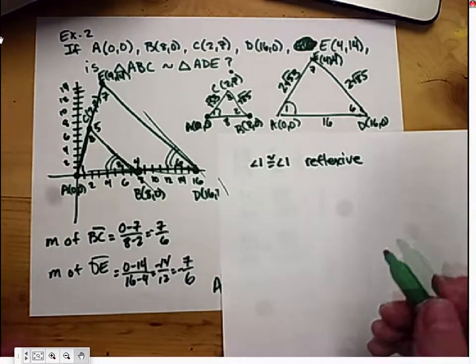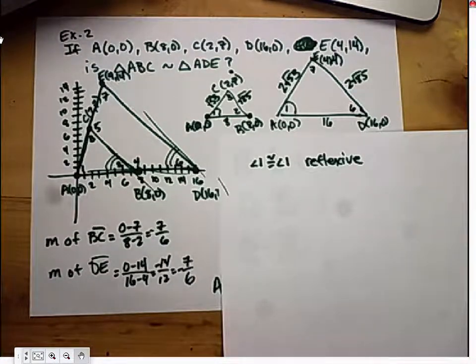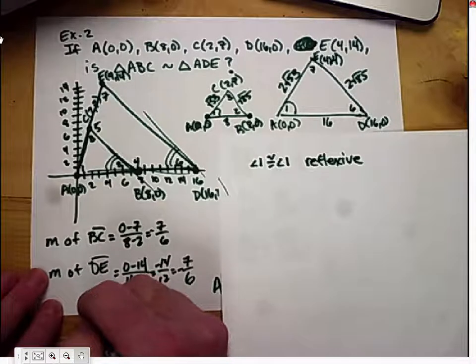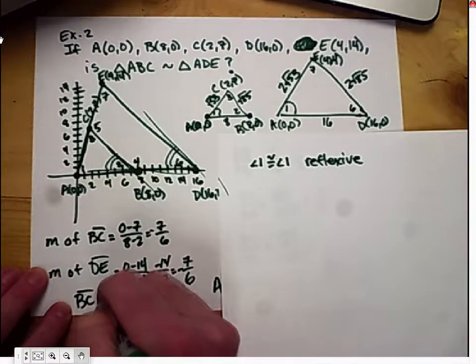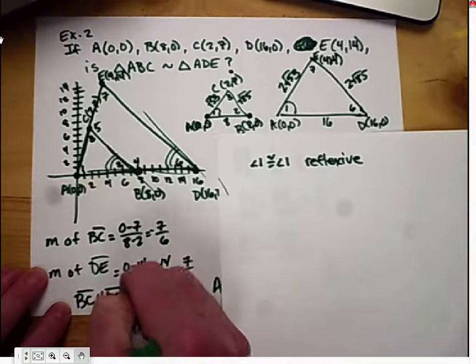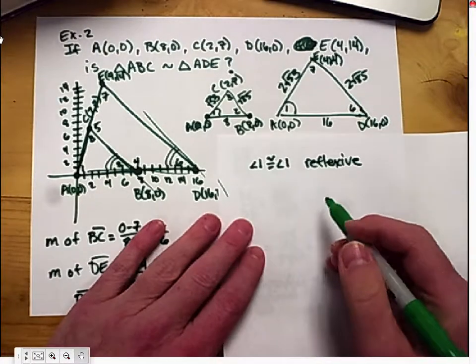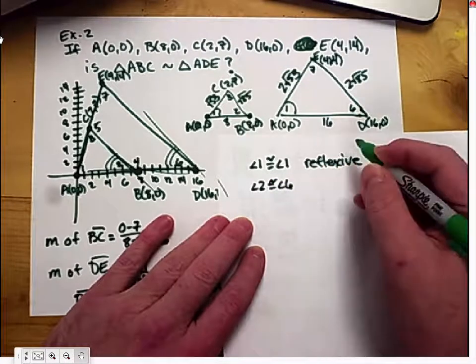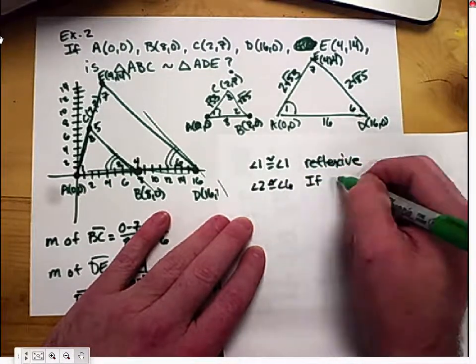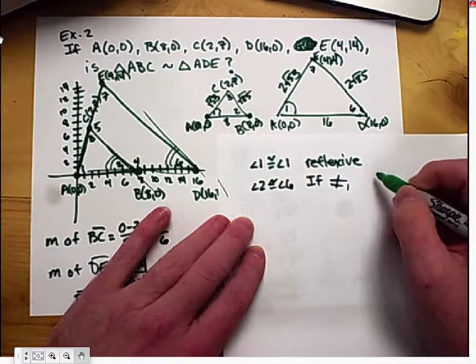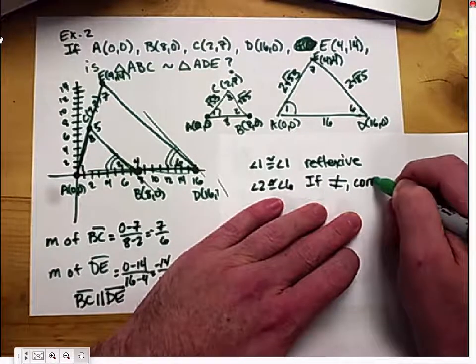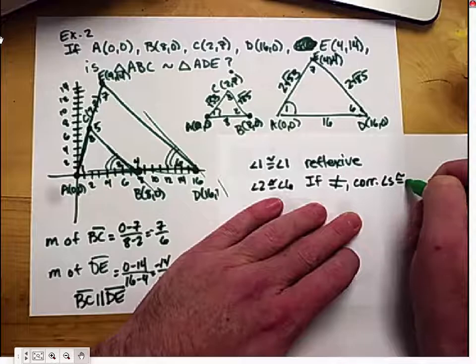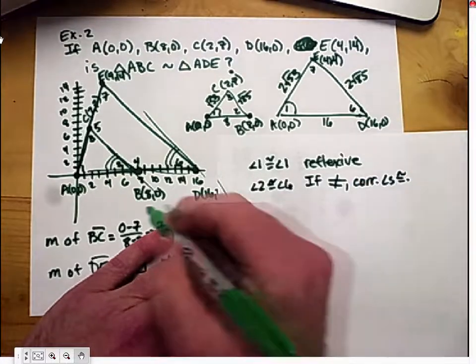So what does it mean that the two lines have the same slope? They're parallel, so BC is parallel to DE. And since that is true, we could say angle 2 is congruent to angle 6, because if parallel lines cut by transversal, corresponding angles are congruent. So what's the only thing left?